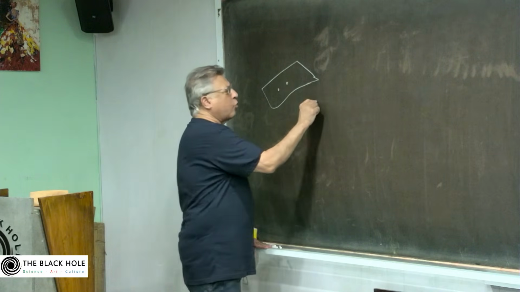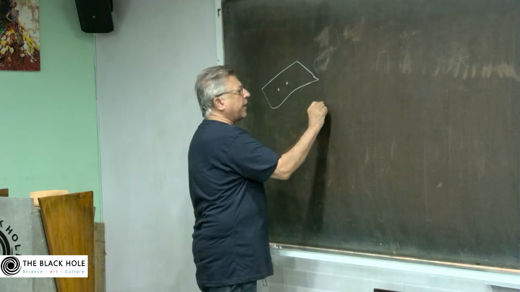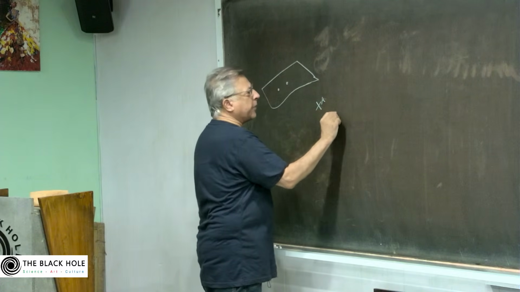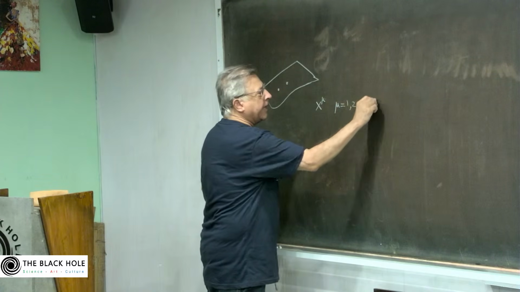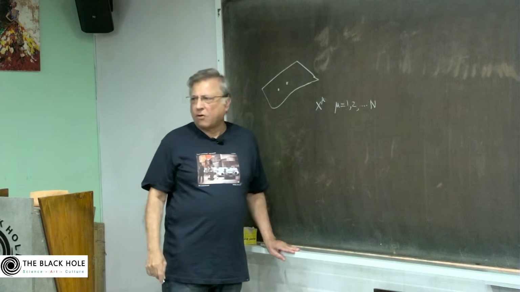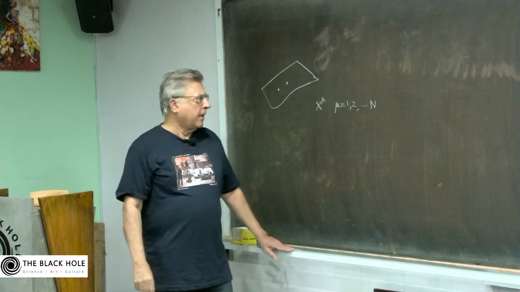let the coordinates of a point be denoted by x^mu, where mu goes from 1, 2, all the way up till n. n is the dimension of the manifold.